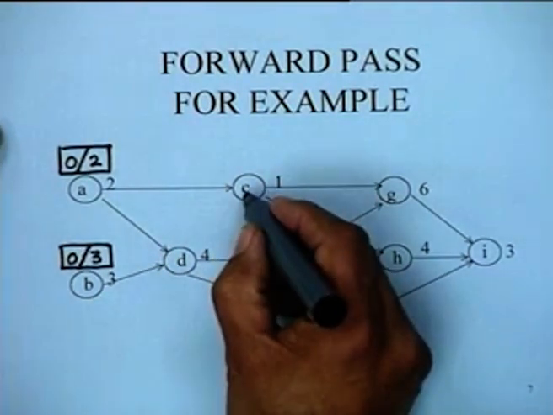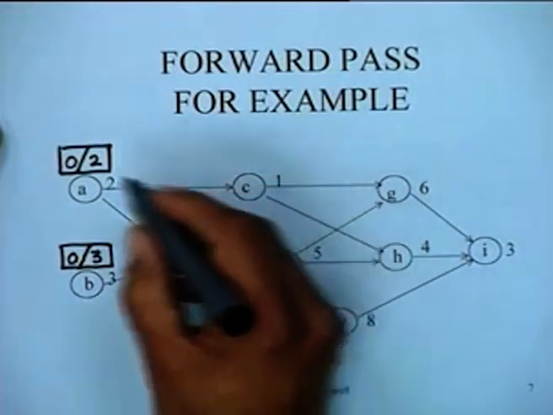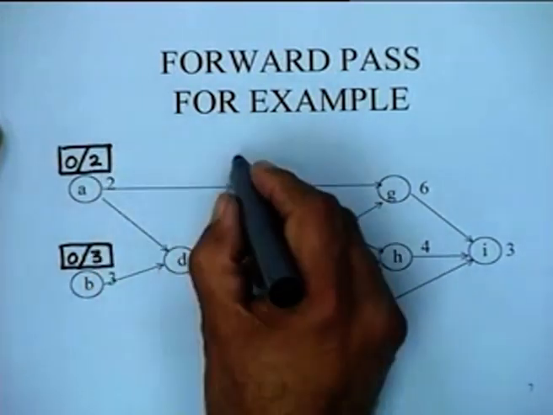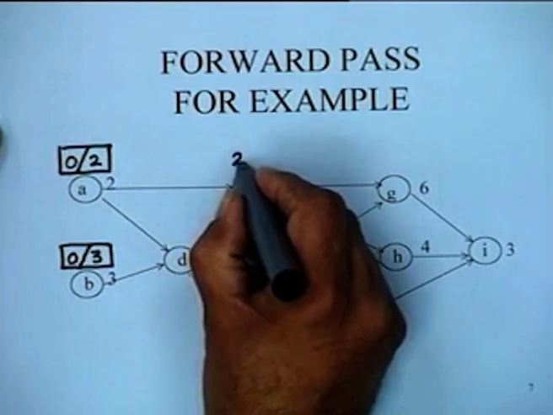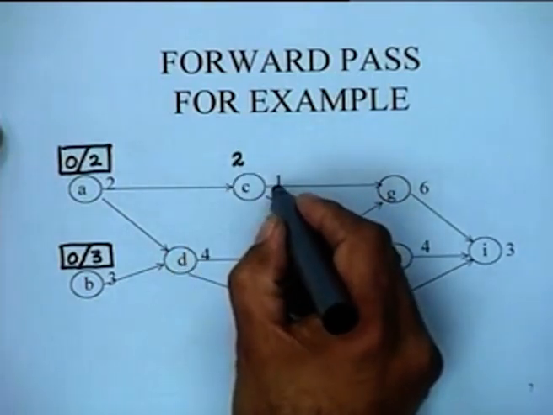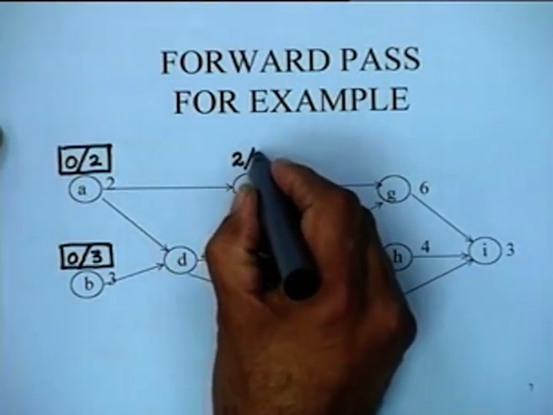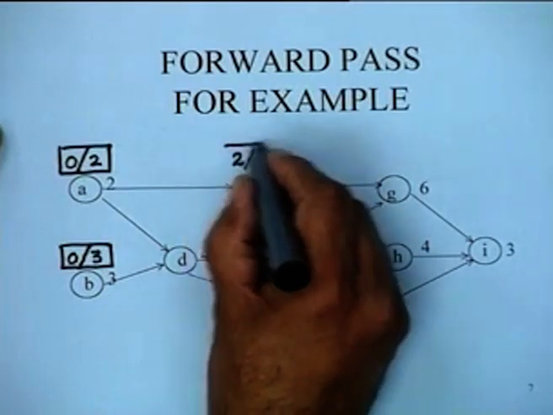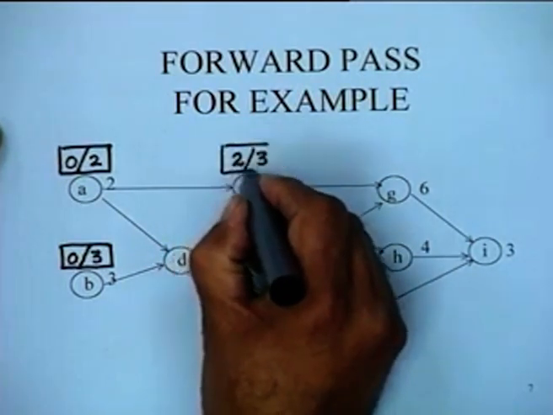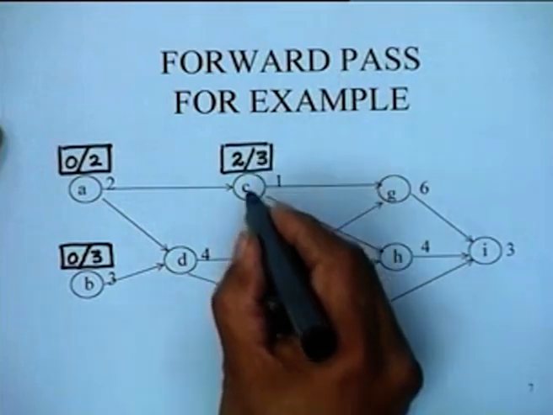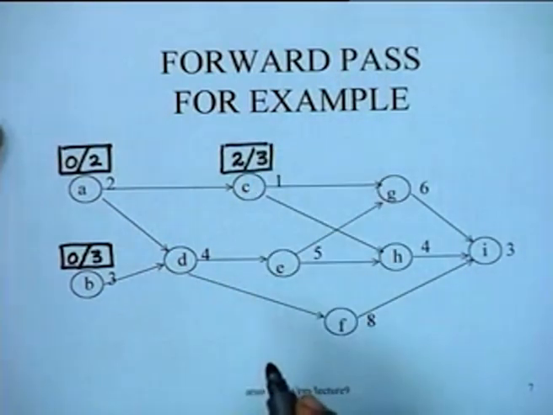Let's take activity C. Activity C has only one predecessor, so there is no problem. The early start of this is going to be simply 2, and since it has a duration of 1, its early finish is going to be simply 3. So the early start and the early finish for activity C in the forward pass is simply going to be 2 and 3 respectively.